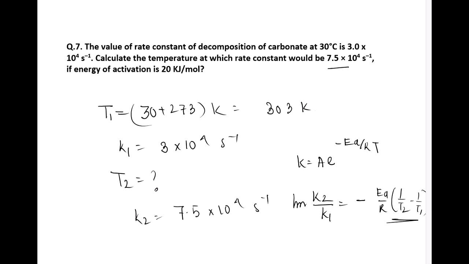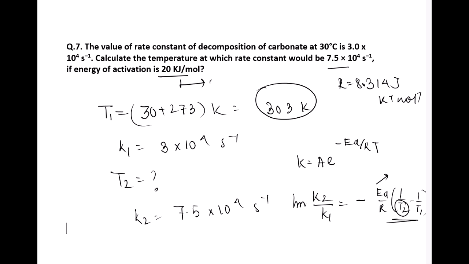Let's put T2 and T1 in temperature units. So T1 is given as 303 Kelvin. T2 we have to find out. Ea is given as 20 kilojoule per mole. As we are putting R value as 8.314 joule Kelvin inverse mole inverse, we will take activation energy also in units of joule, that is 20 × 10^3 joule mole inverse.